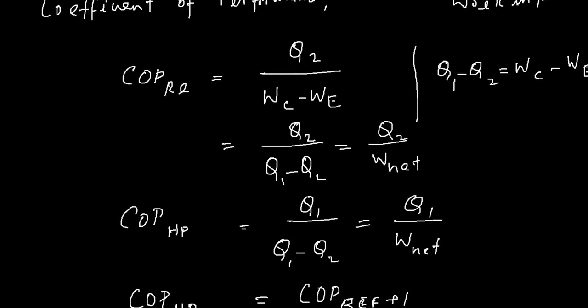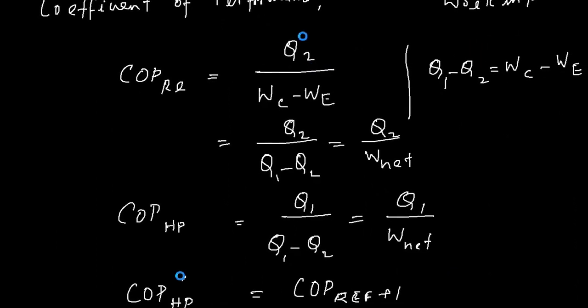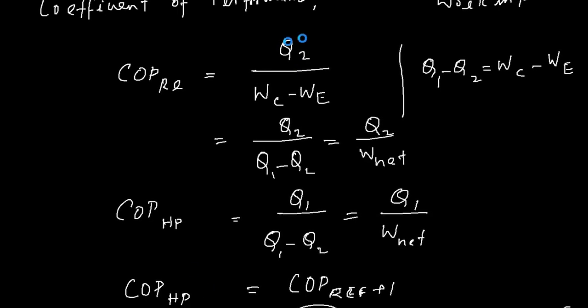For a refrigerator, the desired effect is the heat rejection from the low temperature body, whereas for the heat pump, the heat input to the high temperature body is the desired effect, and the work input, because it's an ideal cycle, will be equal to the heat exchange.